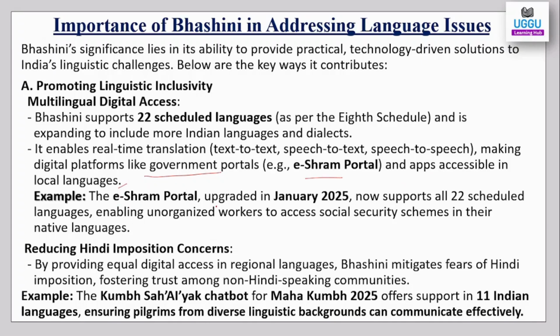The eShram portal, upgraded in January 2025, now supports 22 scheduled languages, enabling unorganized workers to access social security schemes in their native languages, reducing Hindi imposition concerns.